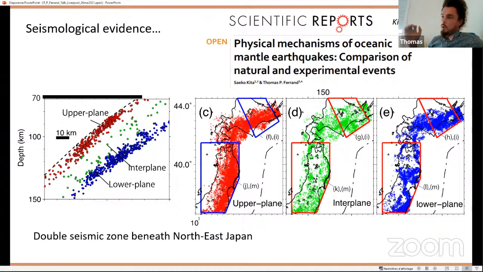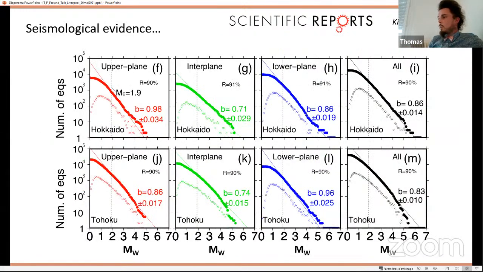For Northeast Japan, we were able to separate the upper and lower interplane events, and we realized that the b values were not the same, and we decided to study the easiest part, the one that we could understand better, because once again, the lower plane is in peridotite, and the peridotite is necessarily simpler compared to the upper plane.